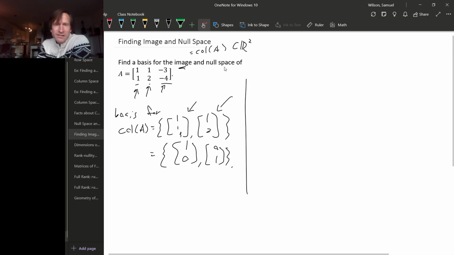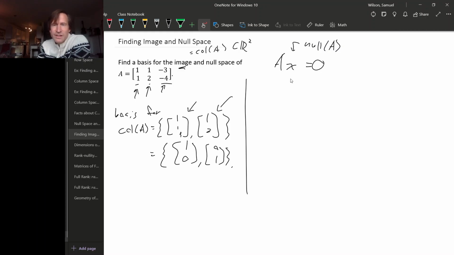So the null space of A is all of the vectors that go to 0 when you multiply them by A. We need to think about what sort of vectors appear as solutions to this equation, right? The null space is essentially all solutions to this equation, so let's solve it.